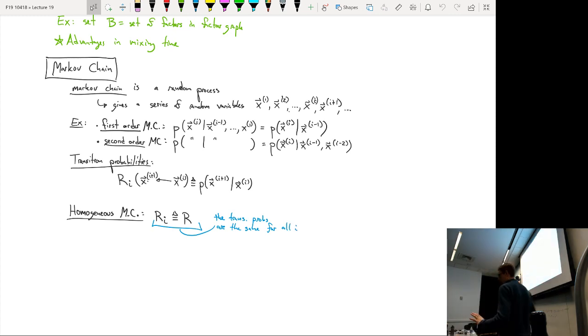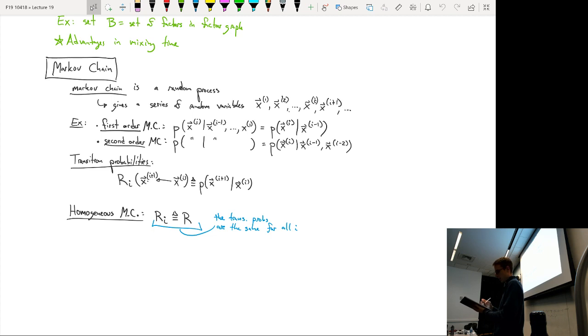All right, so here we're going to now think about what it is that allows us to ensure that we set up a Markov chain such that it gives us back samples from the true distribution.